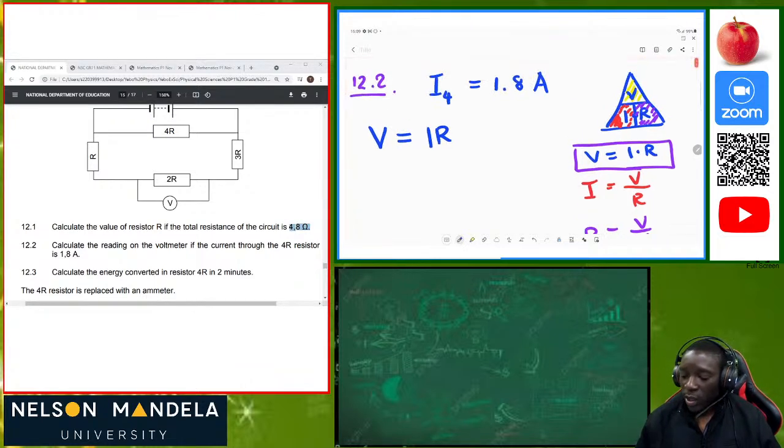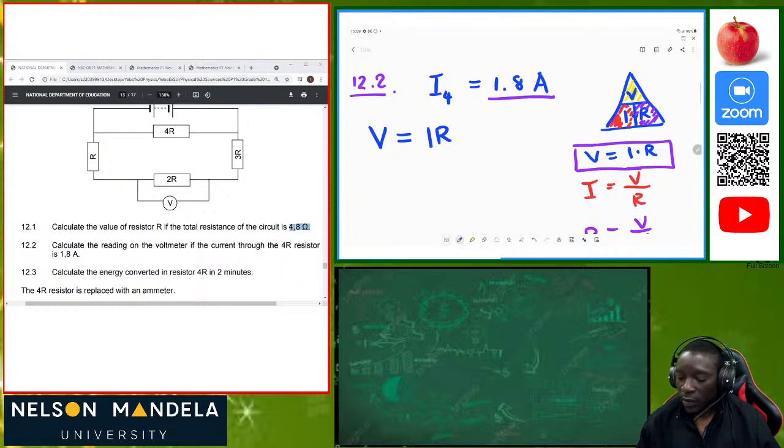Okay, so why did we bring Ohm's law into the picture? We are given I through the 4R resistor, and we know R is 2 ohms.